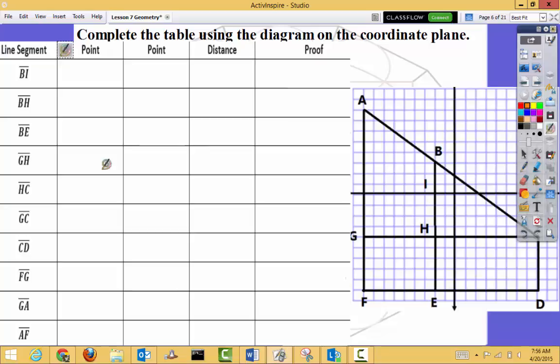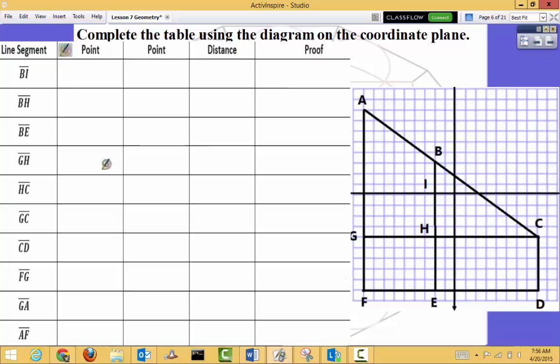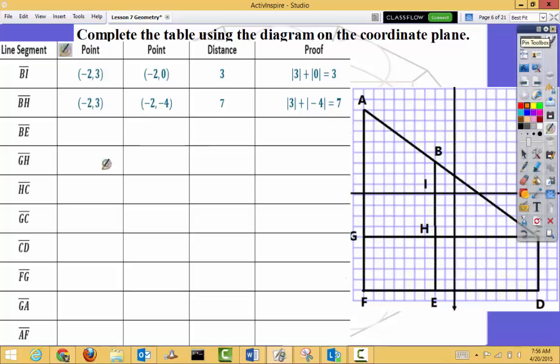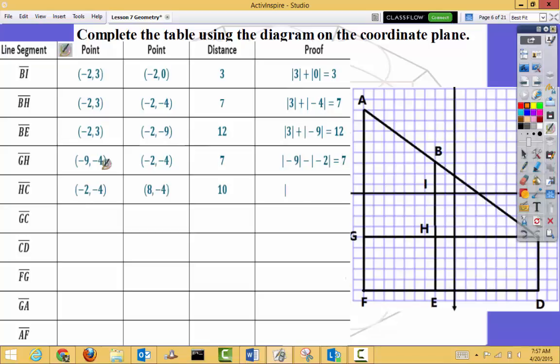Here's your first example for you. And here's another example. All right, please continue. How'd you do on these two? Hopefully you got them right. Let's check these ones.